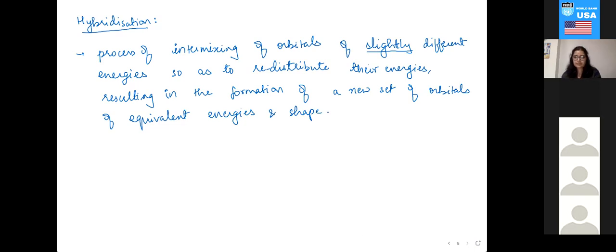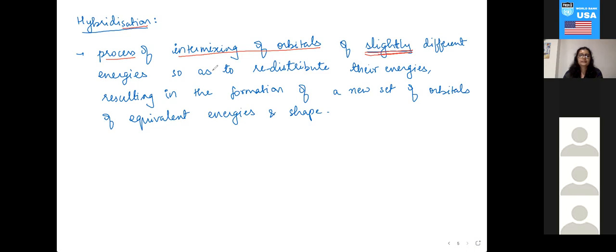Okay. So hybridization is a process of intermixing of orbitals. That's how you're getting a hybrid, right? Different things mixed together to give you a hybrid of those things. And any random orbitals can't intermix. They need to be of slightly different energies.